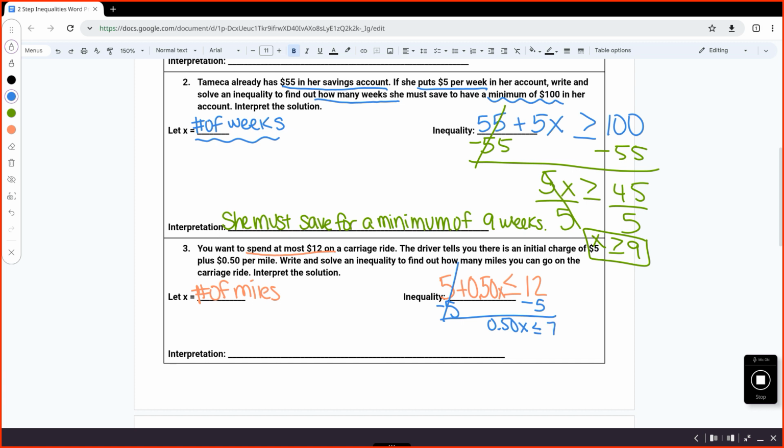Then we are going to divide each side by 0.50. And we get x is less than or equal to 14.